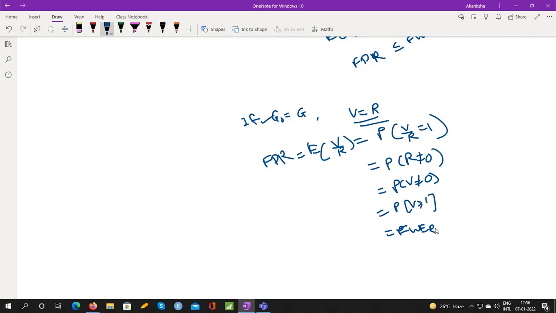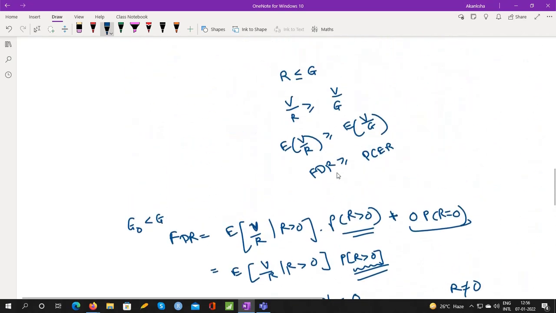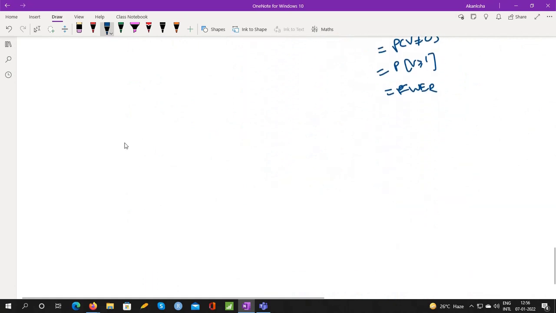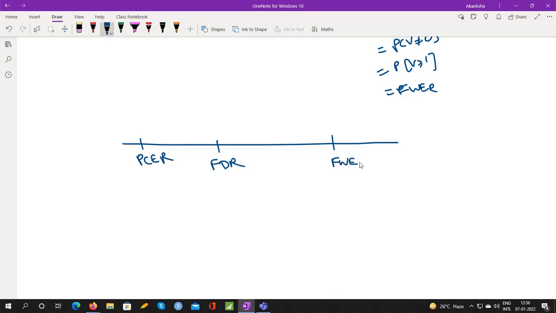So what is the conclusion then? Here I proved FDR is greater than PCER. Now I am proving FDR is less than FWER. So the overall scenario is something like this: PCER is here, FDR is somewhere here, and FWER is somewhere here. Again, this is not a proportionate diagram. I just want to indicate their relative locations.